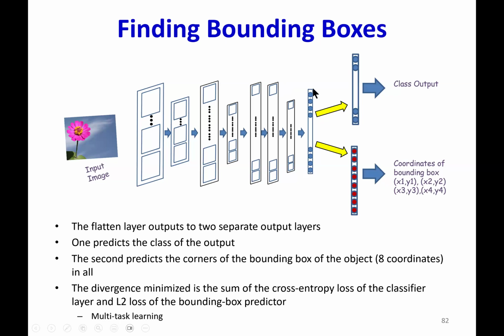You would flatten the output of the final layer, and then you put it through a classification layer to get class outputs to decide if the input has a given pattern or not. But then, if I also want to find out the position of the object, then this final output layer is typically put through another regression layer, which gives you the coordinates of the bounding box within which the pattern occurs.